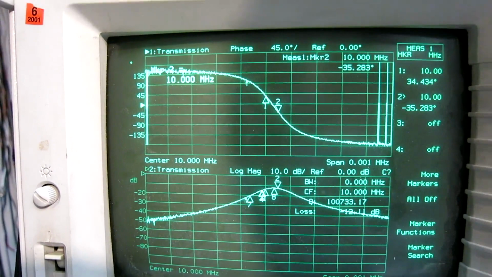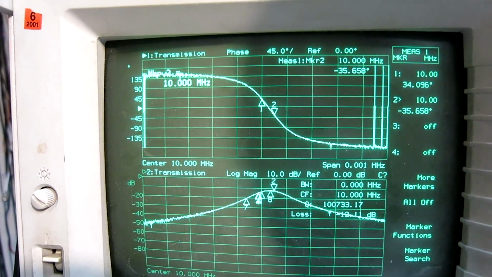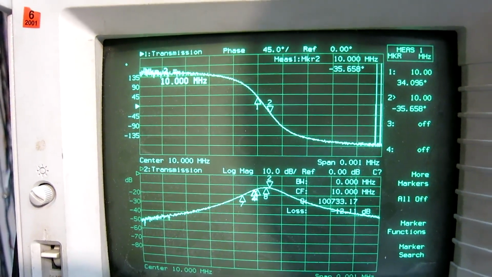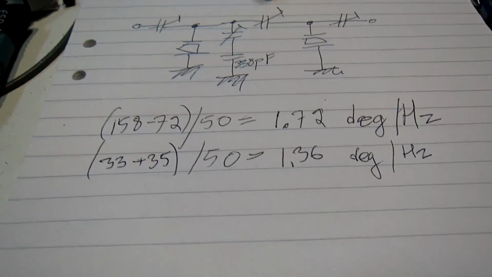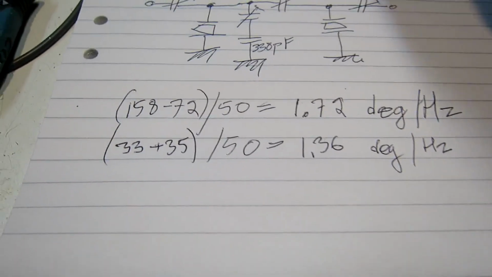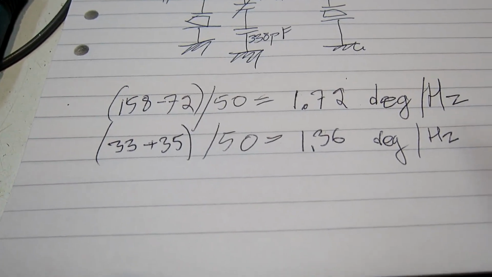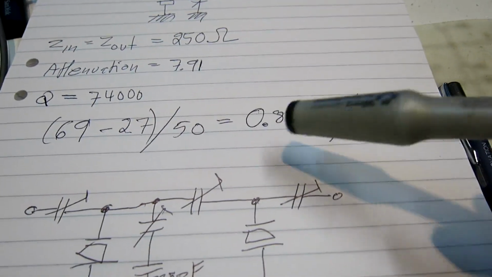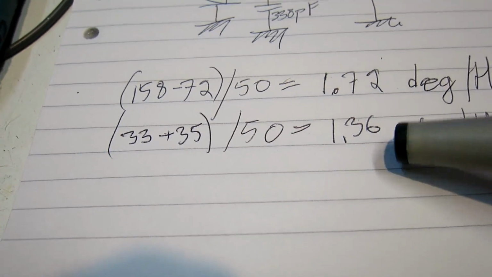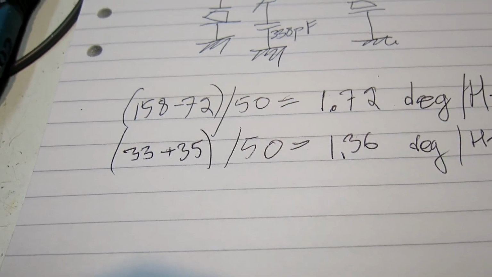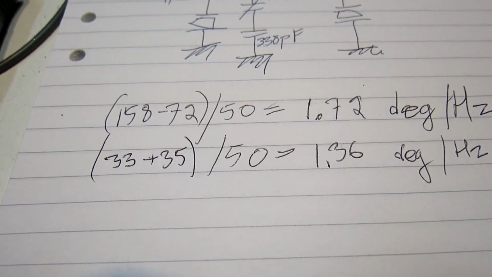The phase slope now is from 34 to minus 35 in 50 Hertz. There is still an improvement in phase derivative from 0.84 to 1.36, but it's not as big as with much higher losses through the filters.